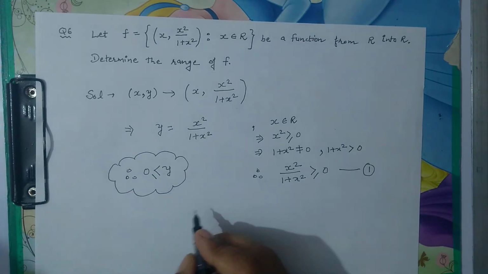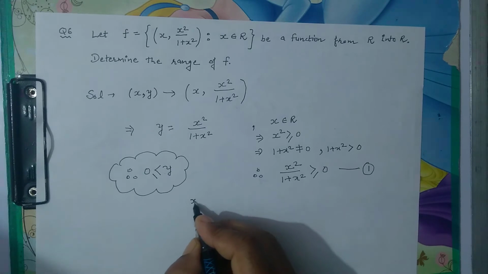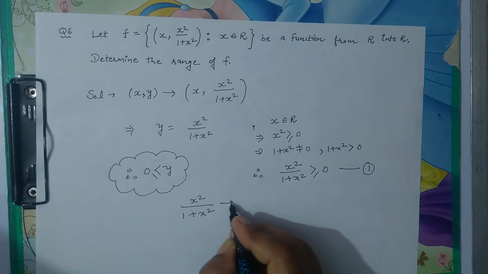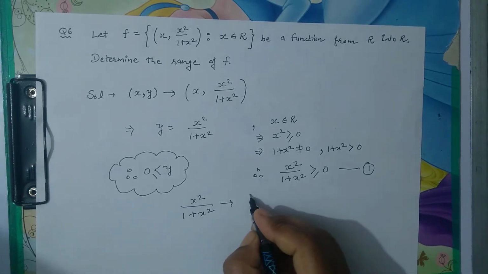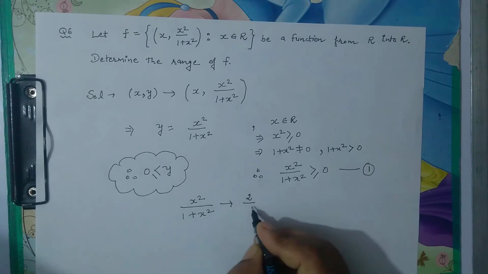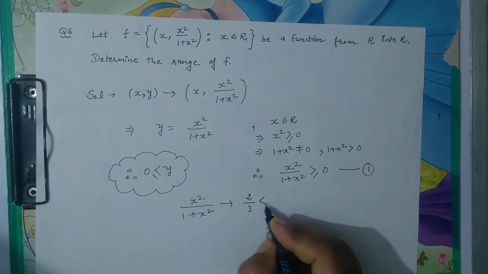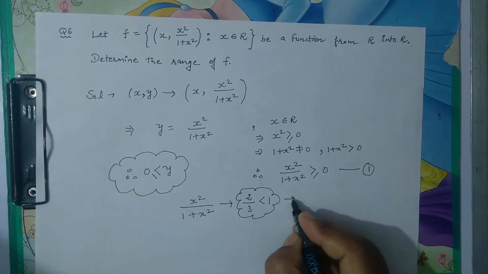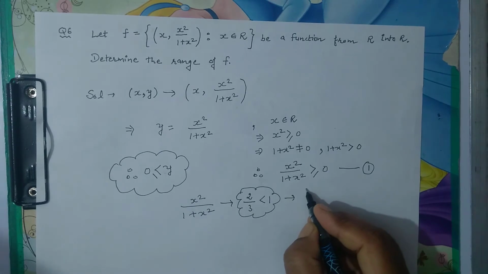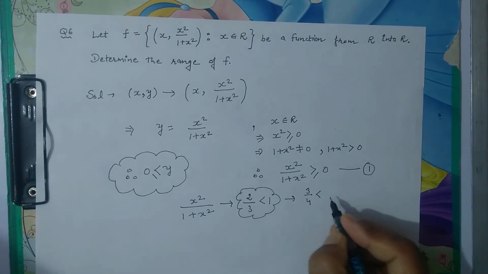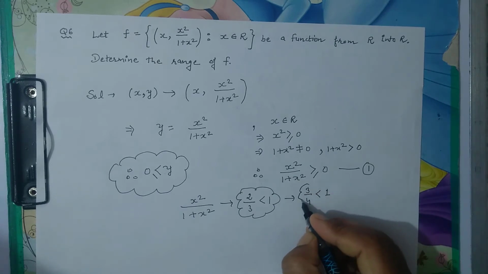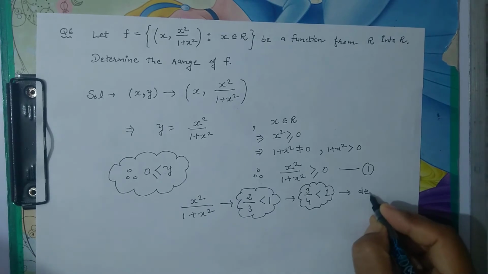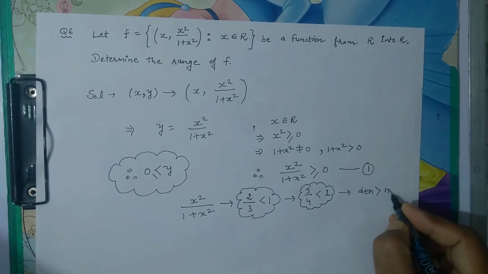One more thing, as we know that x square upon 1 plus x square, if x square is 2, then this becomes 2 upon 3, this is less than 1. If x square is 3, then this becomes 3 upon 4, is also less than 1. Why this is so? Because denominator is greater than numerator.